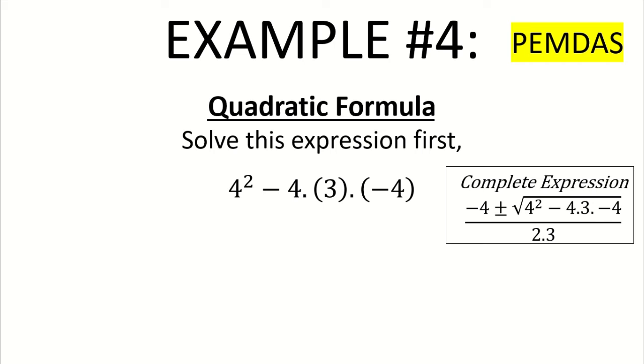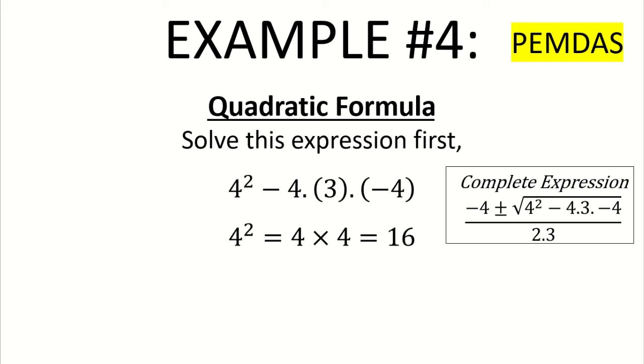We will start by solving the exponent again, because this is at the highest rank in the operations priority list after parenthesis, as I explained a number of times in this course. So 4 squared equals 4 times 4, which is 16. Next we have subtraction and multiplication left in the expression that need to be calculated.